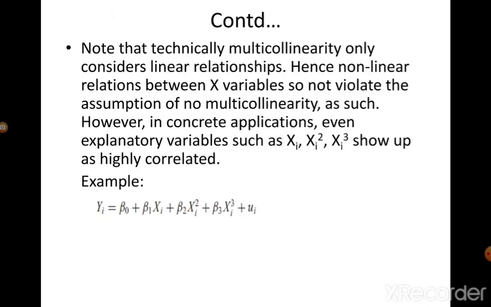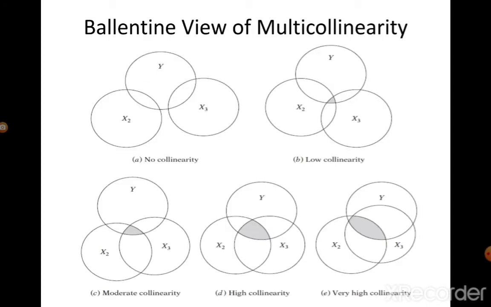Similarly, this portion here, the intersection portion over here, represents the variations in y which are being explained by variations in variable x2. Since your x2 and x3 circles are not intersecting, this is a situation where there is no collinearity between the explanatory variables. Now have a look at the second diagram.